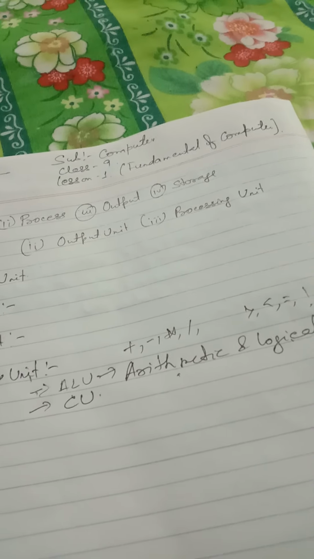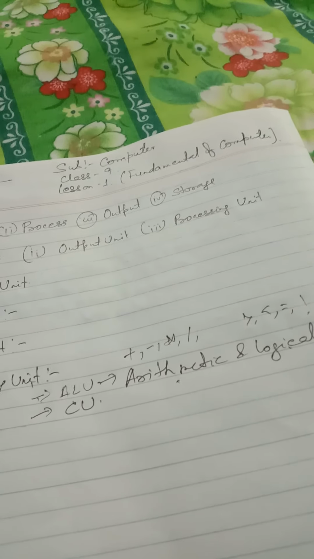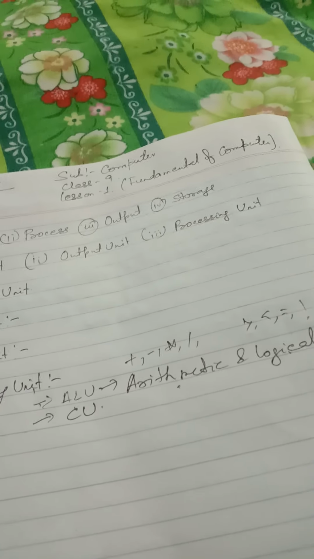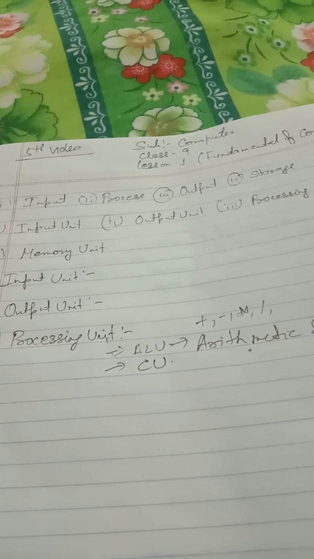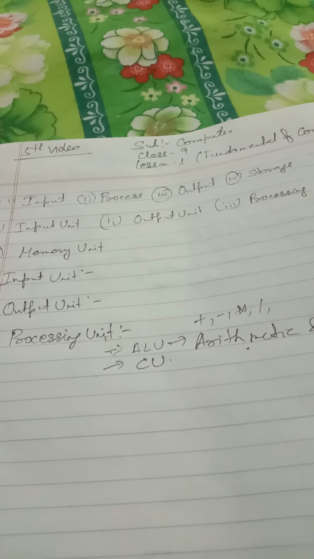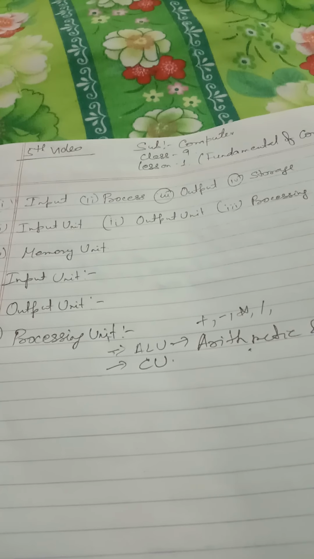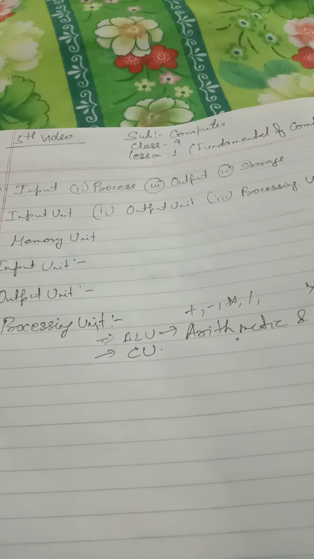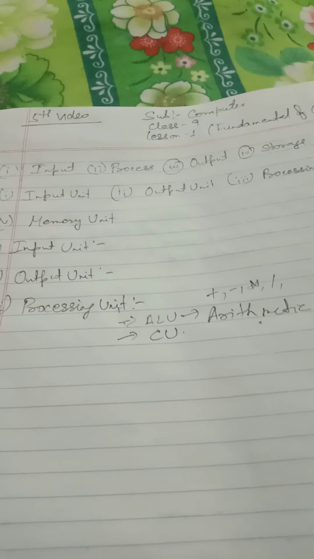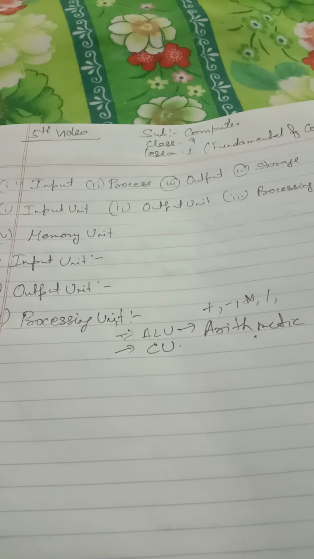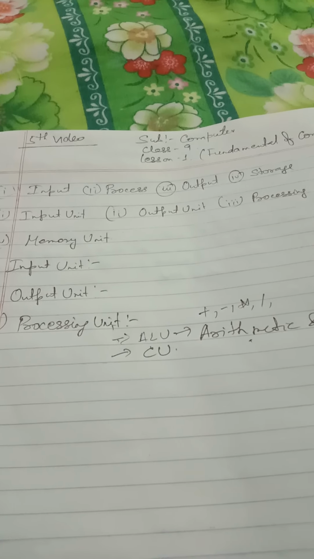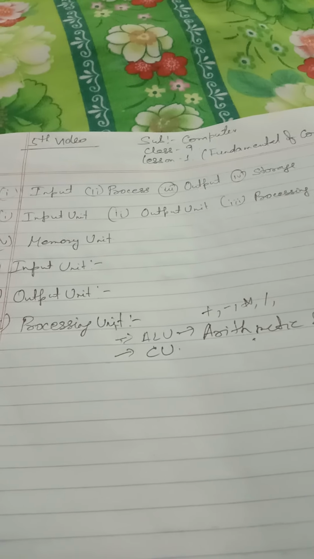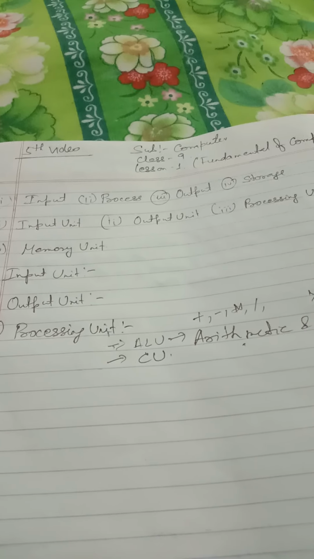And the control unit's main purpose is to control all the operations related to input, processing, or output of a computer. Now, how does it control the different operations? It controls them by sending signals to the different parts of the computer system. It takes care of all the steps that are processed by the computer.